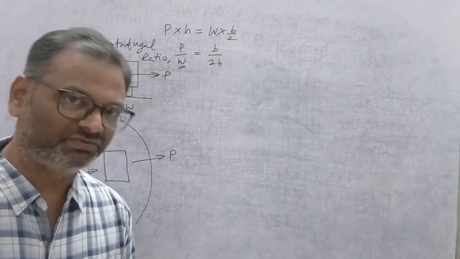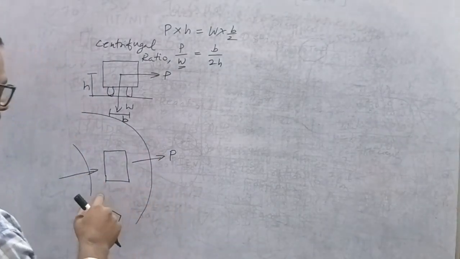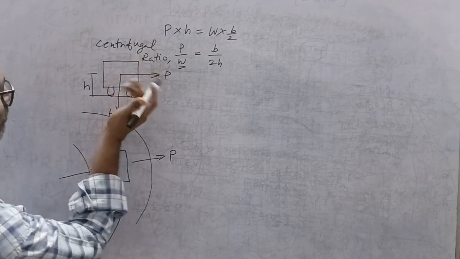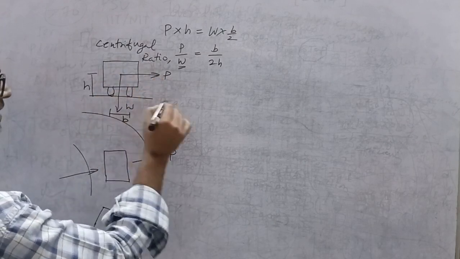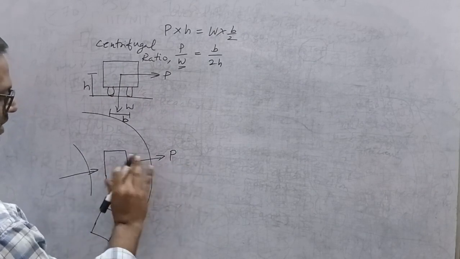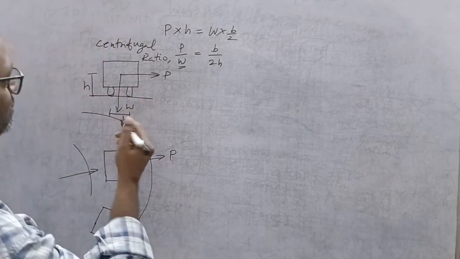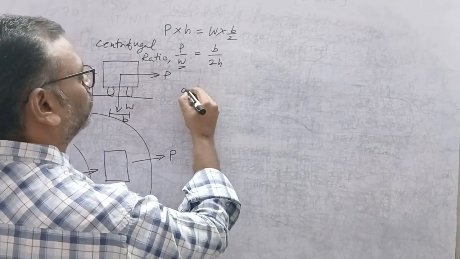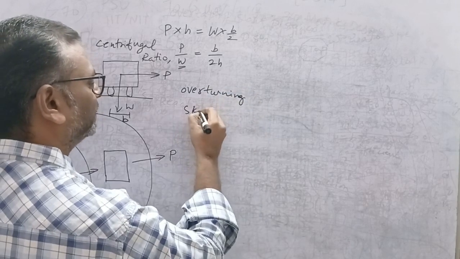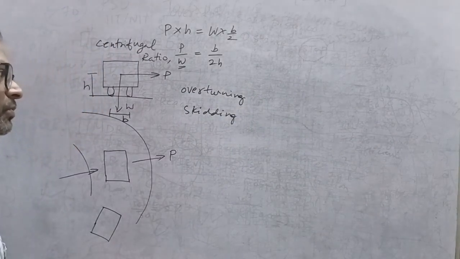So at curves there are two things that can happen. The vehicle may skid or it may overturn. It is moving like this, it may overturn like this. To avoid overturning and to avoid skidding, what to do?